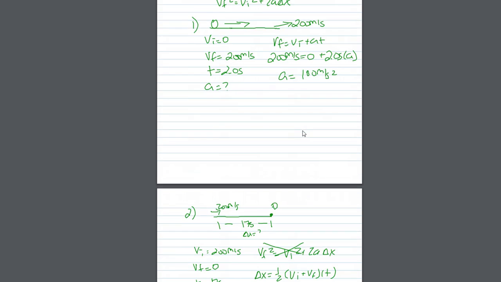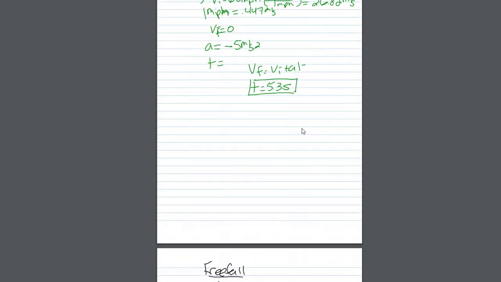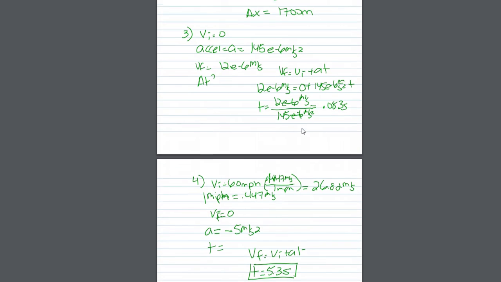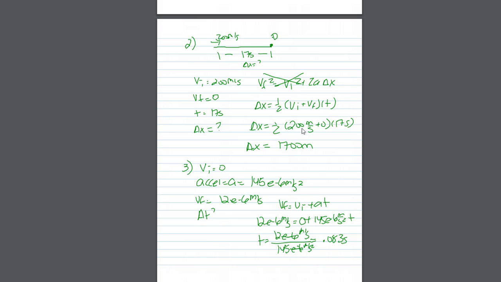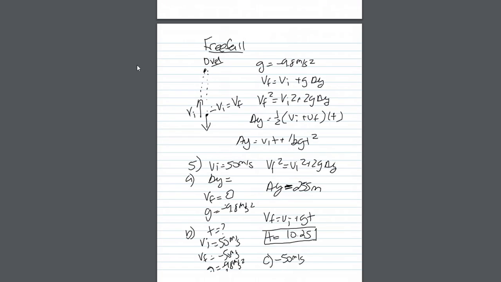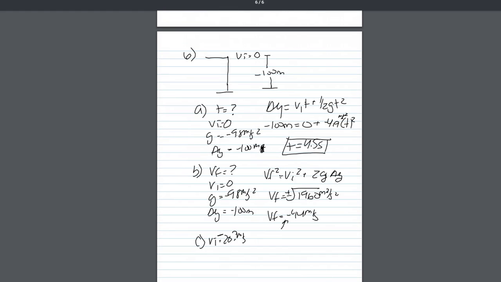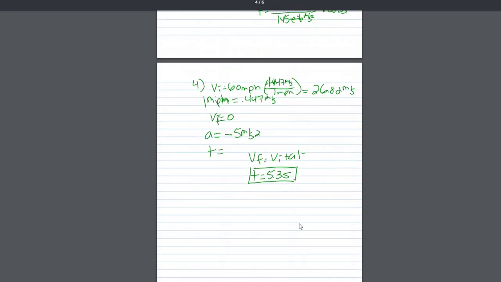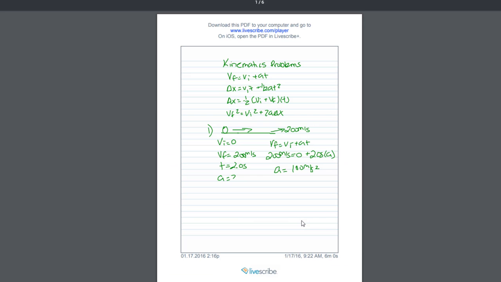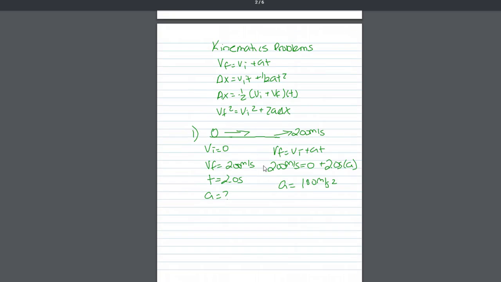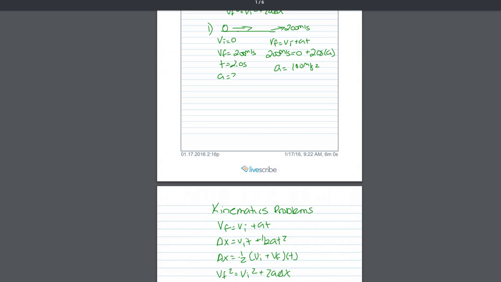Sometimes this was made with a LiveScribe pen and it's not super easy to read, so it was designed to be watched like a video, and this is the end result. It's called a playable PDF. It shows you how to solve some sample problems. So that's another really good resource.